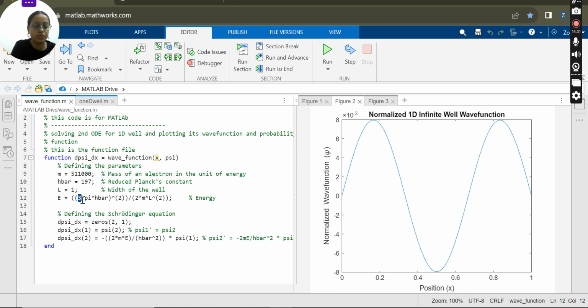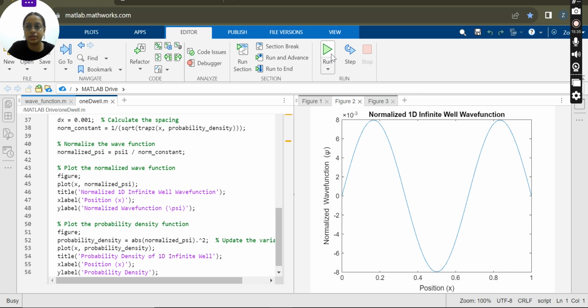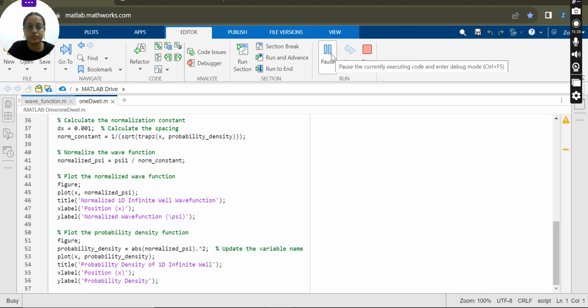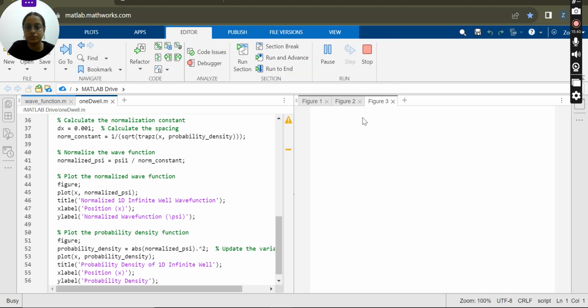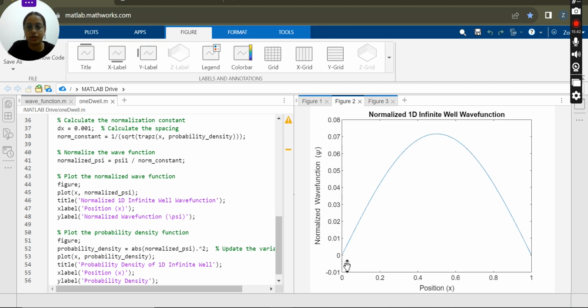If I put n equal to 1, that is for the ground state, then we again get a plot for the ground state of the 1D well, which is correct, because for the ground state of a 1D well the wave function is a half wavelength.